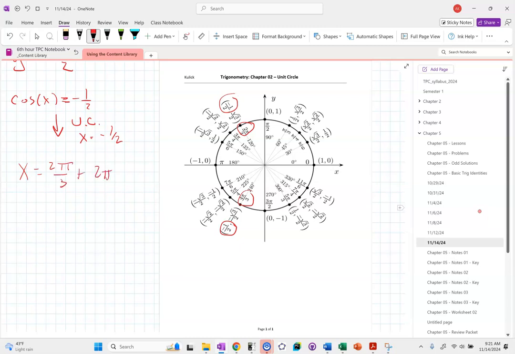And for the infinite solutions, we just add on that extra add-on that means that angle and everything coterminal to it. And we're done.